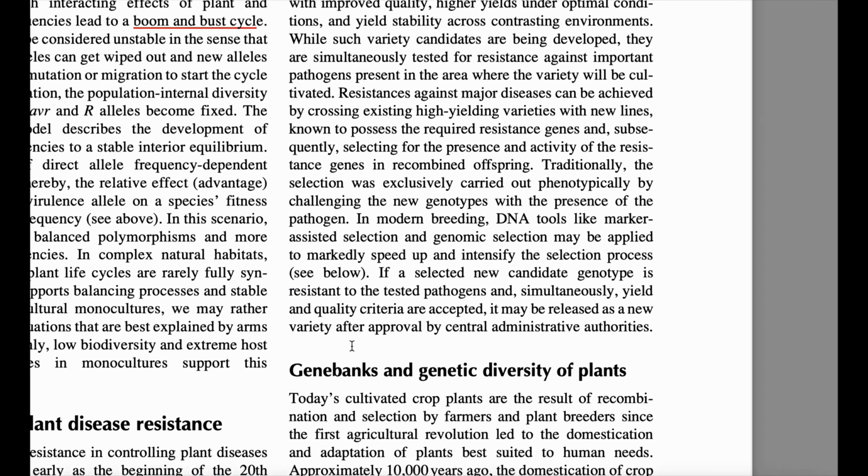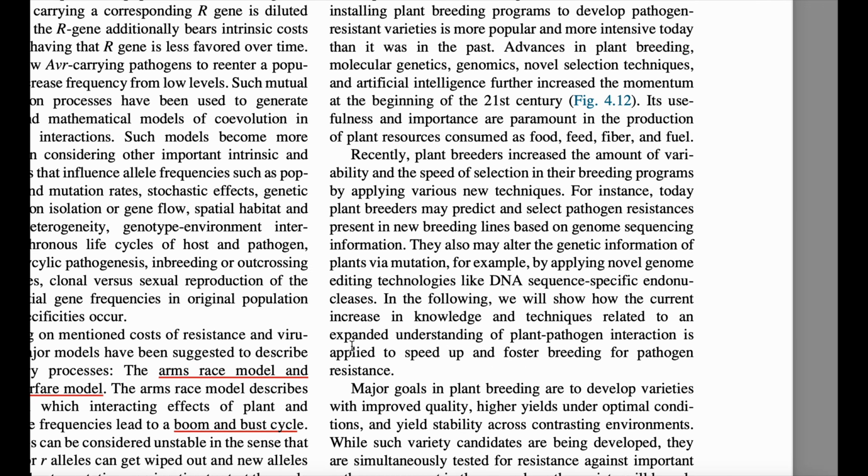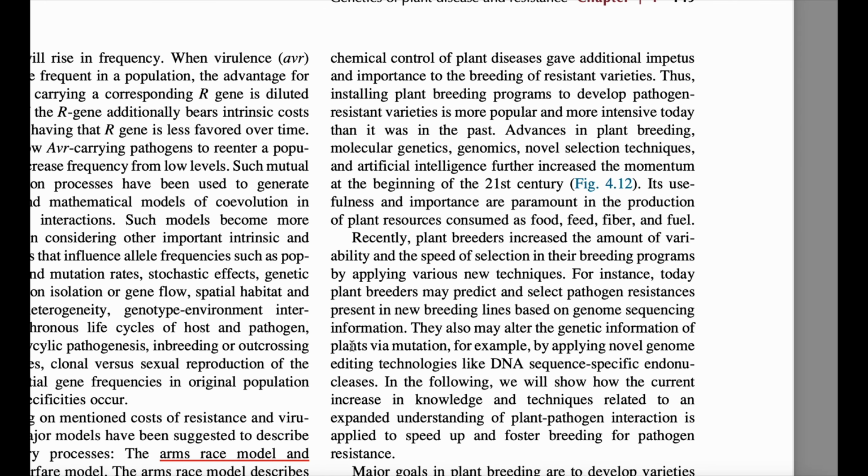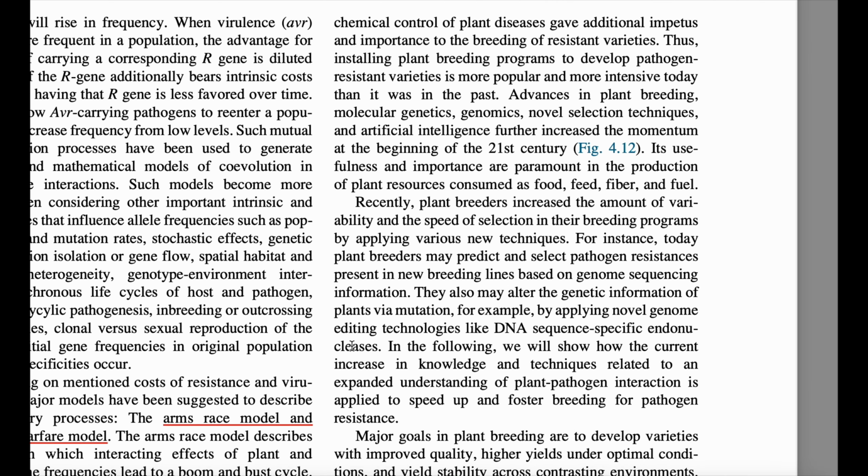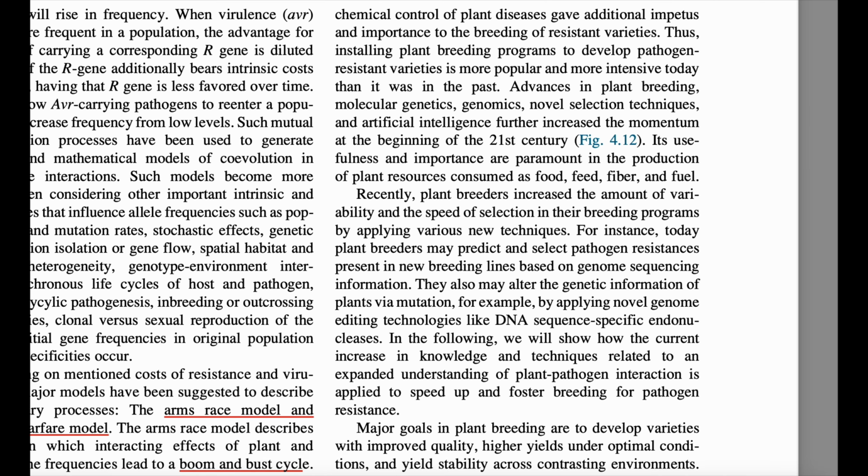Some examples of those are like MAS. We have heard of MAS. One such example is MAS. MAS means what? Marker assisted selection. Okay, this is totally DNA based. And then we have genomic selection, and then CRISPR.